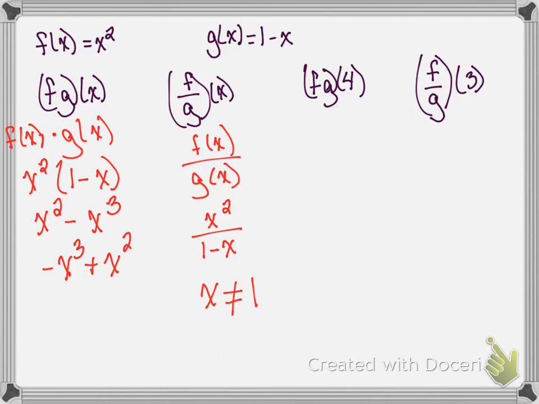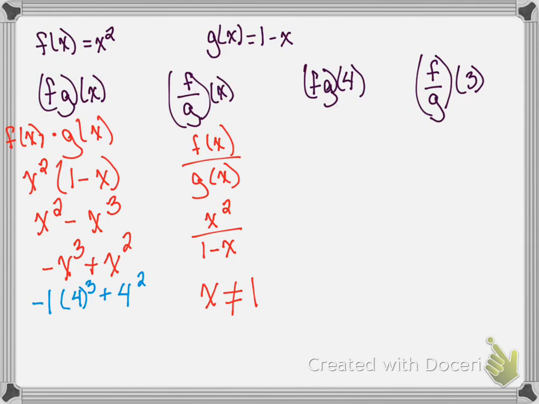Okay? Now, we are going to do f times g of 4. Because I've already done f times g of x, I'm going to go over here and plug 4 into f times g of x. So I have negative 1 times 4 to the third power plus 4 to the second power. What is 4 to the third power? What's 4 times 4 times 4? 64.